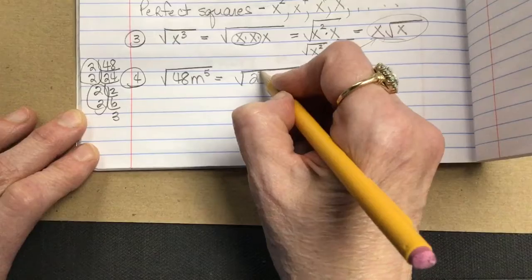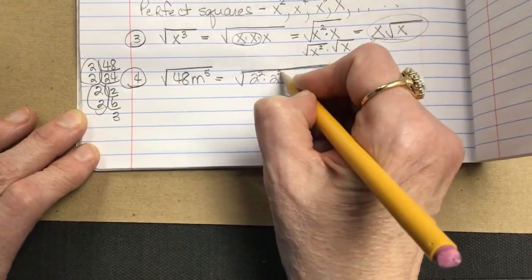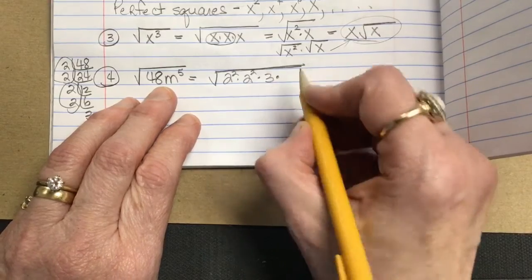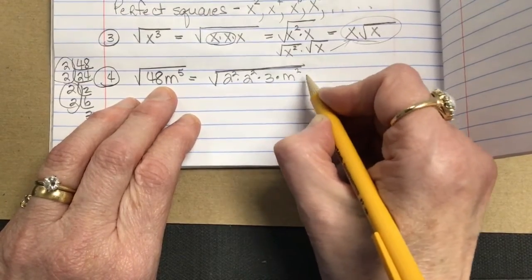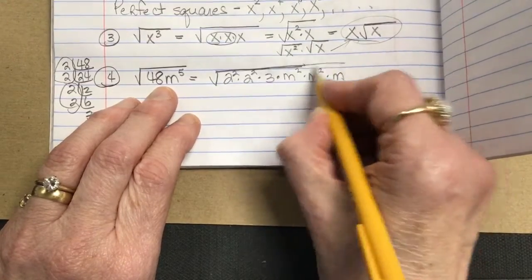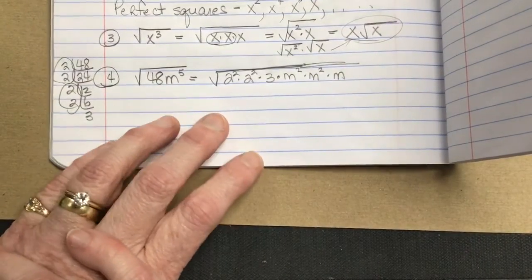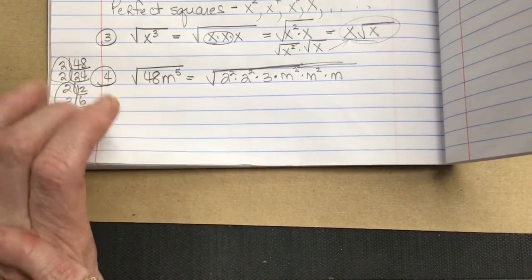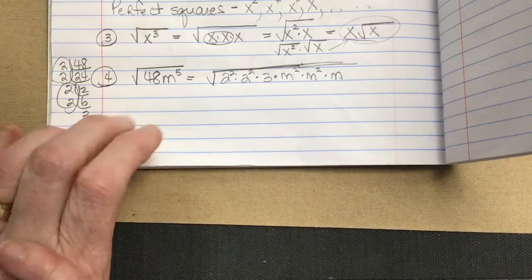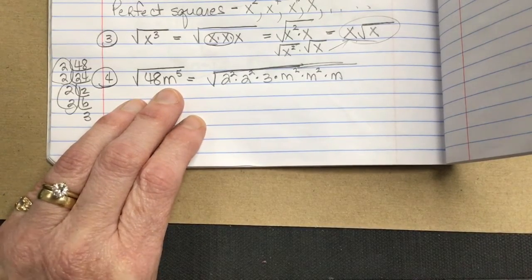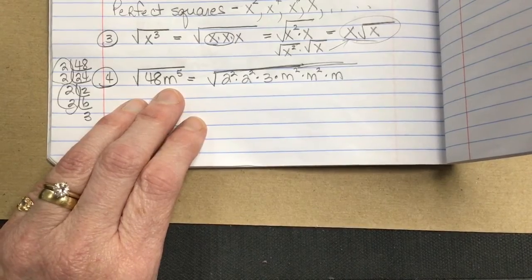So I've got 2 squared times 2 squared times 3. Do you agree that m to the 5th would be m squared times m squared times m? Now, why would I want to break it like that? Because it's, again, just like doing the factor tree of my 48. I have 5 m's. I pair them up, so I have an m squared, and a leftover m.